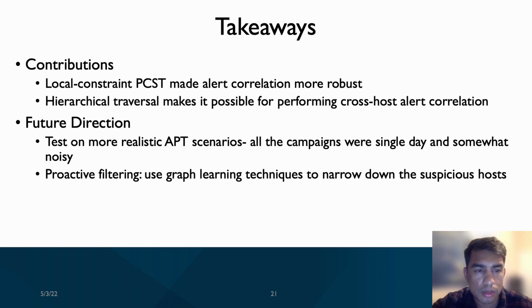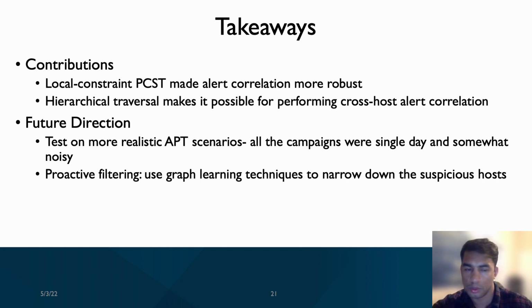We did make some contributions on top of existing work, the major ones being utilization of local constraint PCST to make more robust alert correlation, and utilization of hierarchical traversal in order to scale the system to hundreds of hosts. As far as the future direction goes, we have a couple of directions in mind.